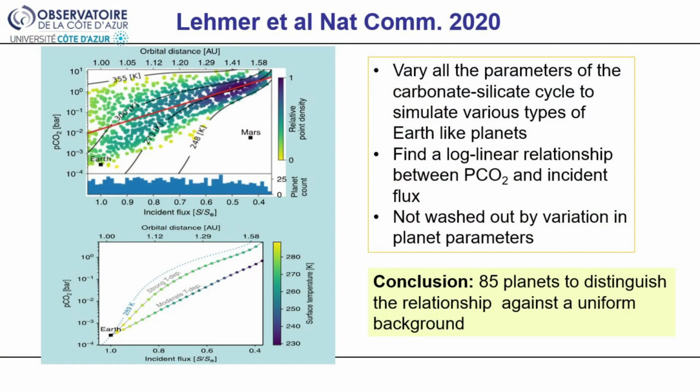Okay, so you have those plots here. That's the PCO2 concentration. For the Earth, I was looking at that as a function of time. For exoplanets, because we have a snapshot at a given time, of course, we are going to look at incident flux. So depending on the flux, indeed, you find a log linear relationship between PCO2 and the flux of the star if you do have a carbonate silicate cycle.